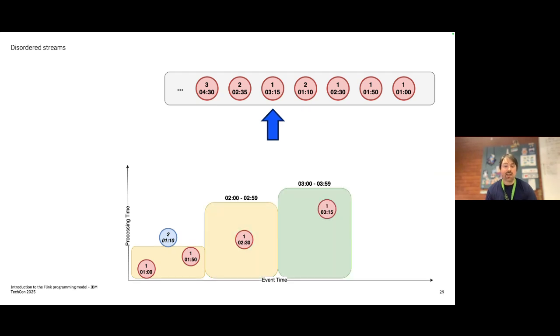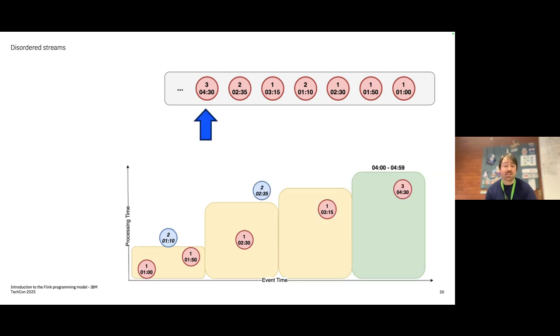In the same way, we then carry on forwards. We read an event at 3:15. That 3:15 event has closed the window between 2 and 2:59. And if we skip to the end, we can see that the 2:35 event did not make it into the bucket. It again is considered late.